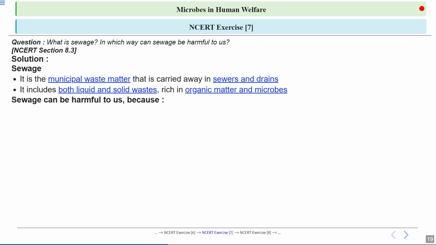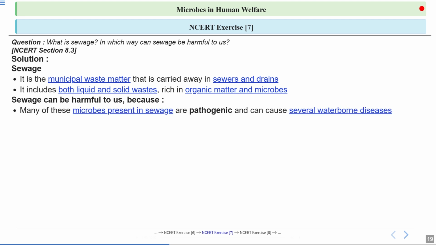Now sewage can be harmful to us because some of the microbes in sewage can make us sick because they are harmful and can lead to diseases that spread through the water.